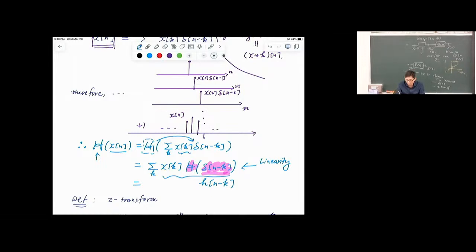Because the input is shifted by k samples, the output should be the same response function, shifted by k samples. Then if we just copy everything, we get our result. It's as simple as that.